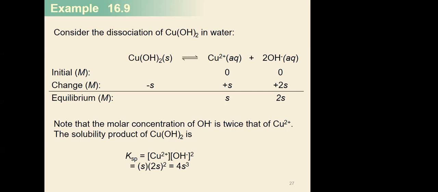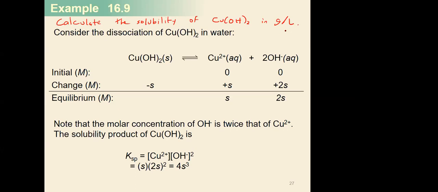The next one, I think I'm missing some portion here. But if you look at the question, I'm just going to write it: calculate the solubility of copper hydroxide in grams per liter.